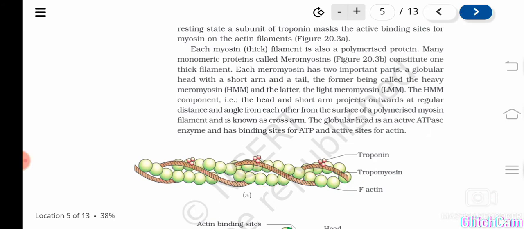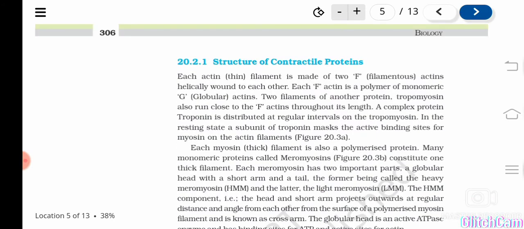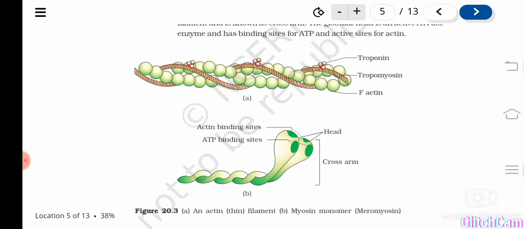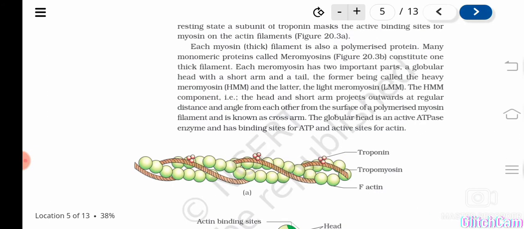So each actin filament is actually made up of two F actins which are helically bound to each other. And in each F actin you can see G actins. You can see it's a chain made up of globular proteins, or G actins.